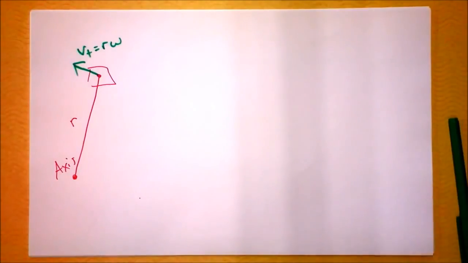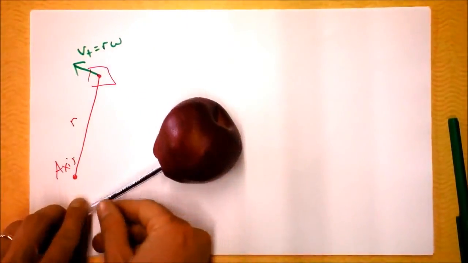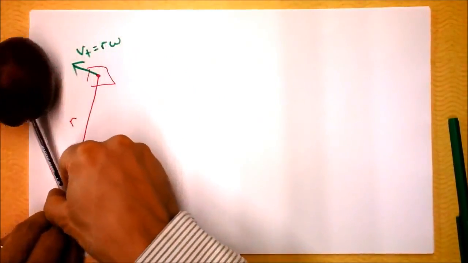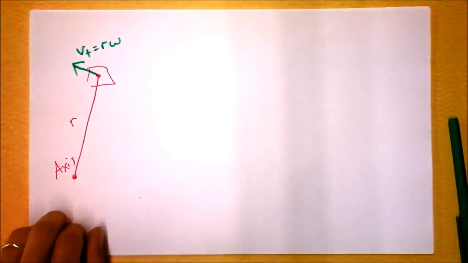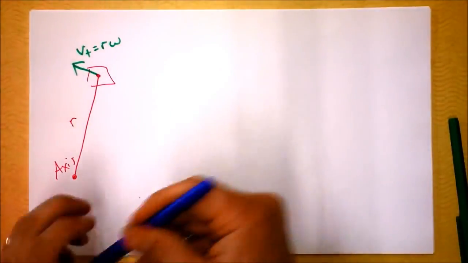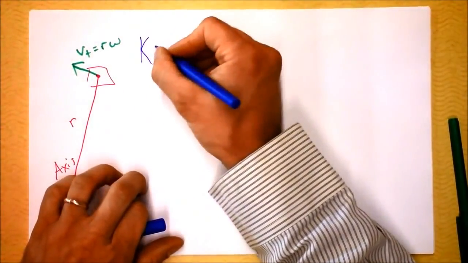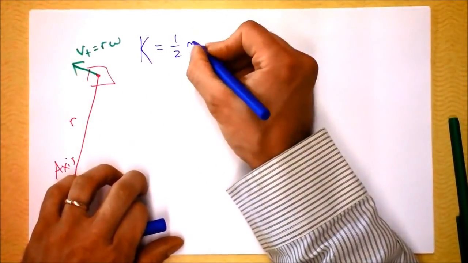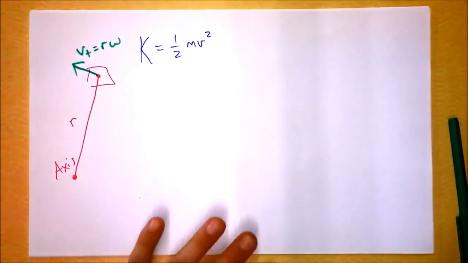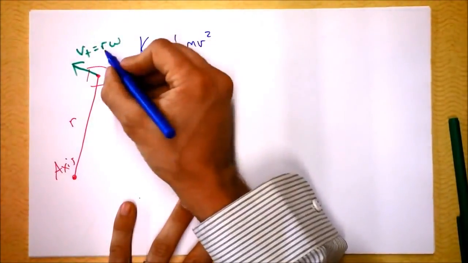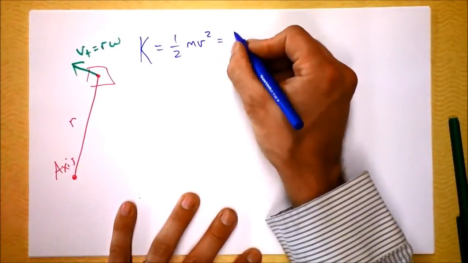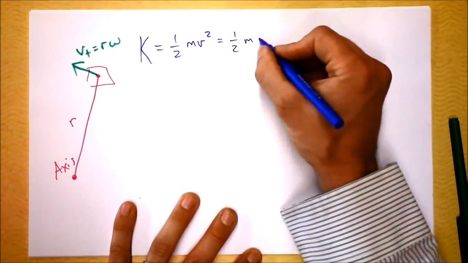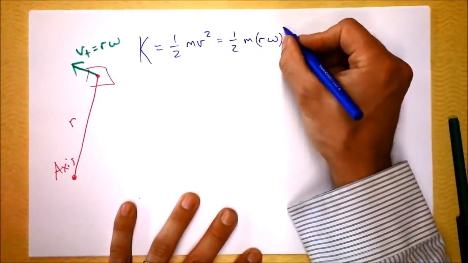Now I want to think about what the kinetic energy of this system is. We know that kinetic energy is 1/2 mv squared. And we can plug in what v is because we know that it's r times omega, and that's going to be 1/2 m times (r omega) squared.